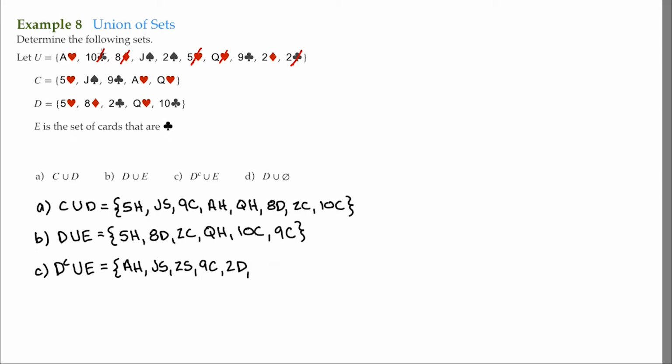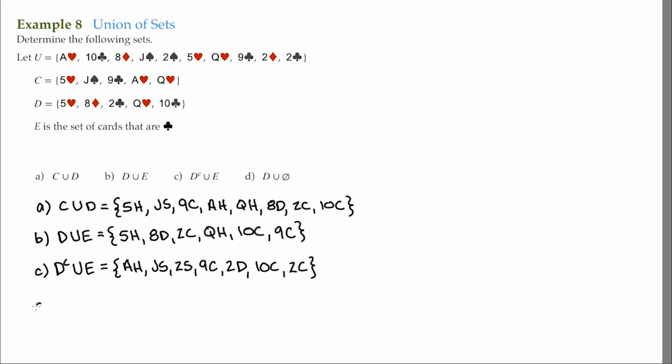So I have a 10 of clubs here. I have the 9 of clubs here, but I already listed the 9 of clubs down here, so I'm not going to repeat that. And then, of course, we have the 2 of clubs here. So this is the set that's the complement of set D union E.